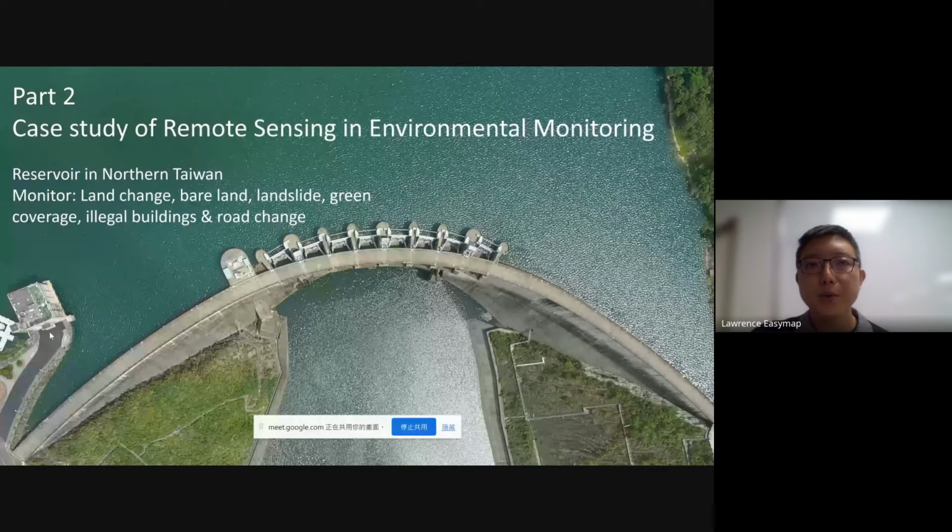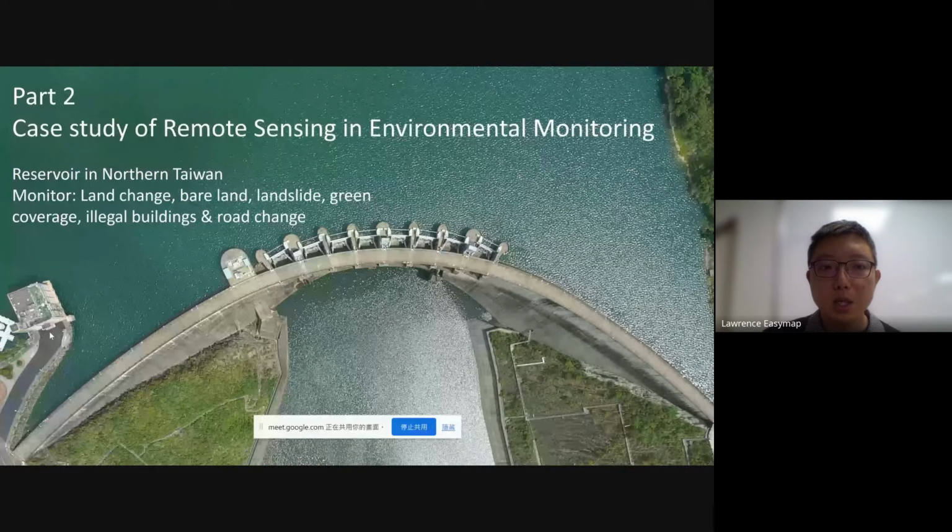In the past few years, my center cooperated with some government parties in the northern part of Taiwan and in New Taipei City. They control the reservoir in the northern part of Taiwan, and they want to make use of remote sensing images to study the land change, the landslides, and the green coverage.